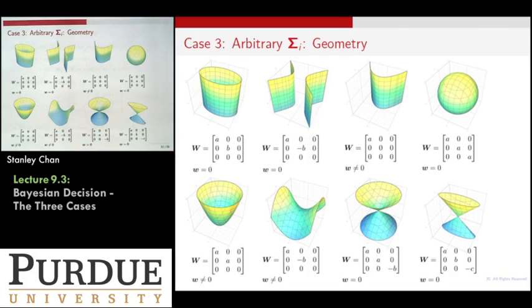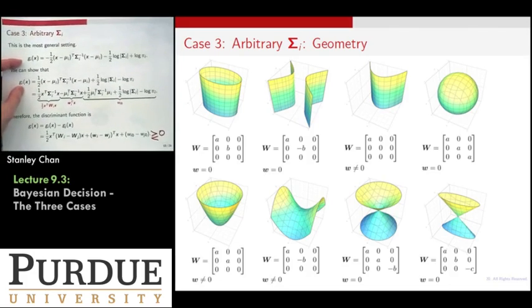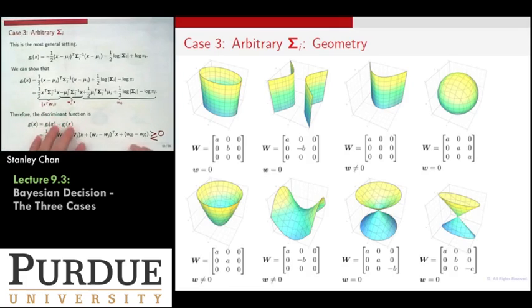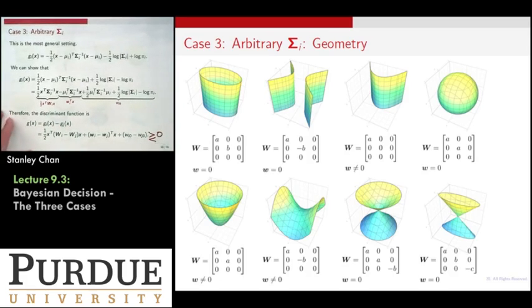The good news is that when you solve a problem like this, you actually don't care how the geometry really looks like because you will never plot the diagram. What you will do on computer is that you give me a data point, x. X is your testing data point. I just put it into my equation. This is my discriminant function.